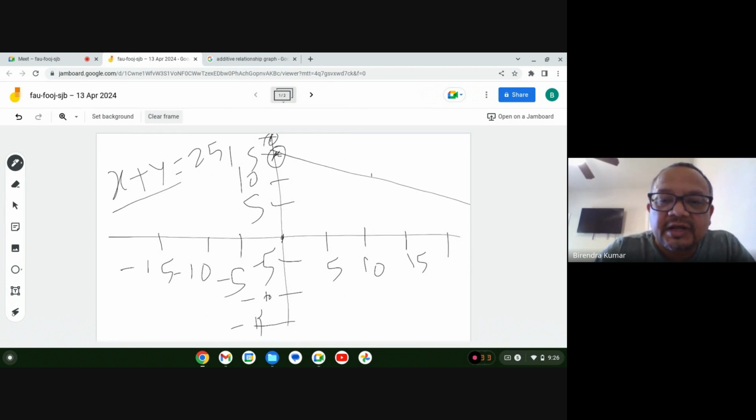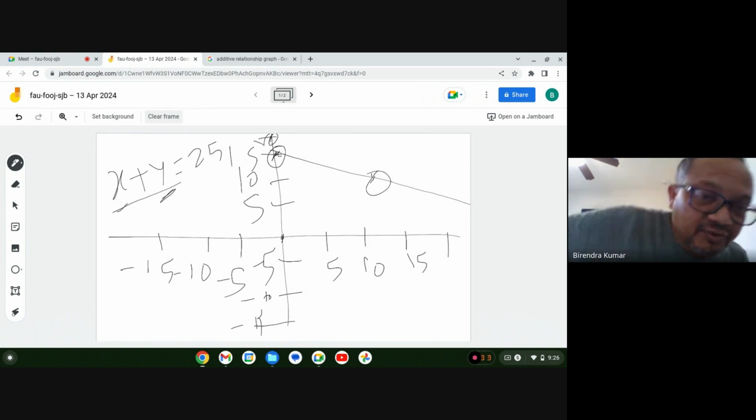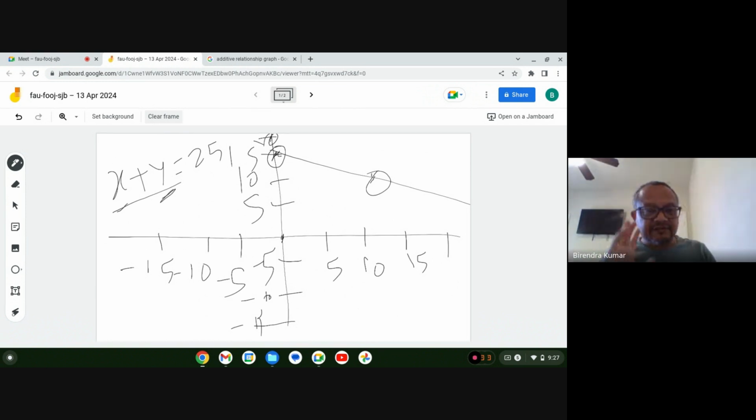I'll find 2 points to draw this line. I'll put x equals 0 and find the value of y, and then put y equals 0, and find the two coordinates. Draw this line. You don't have to worry about plotting this graph. I think it's too early for all of you. I was just explaining it, and I kind of got emotional explaining that to you. But for you, it's very simple.